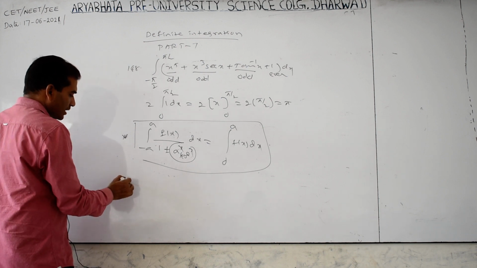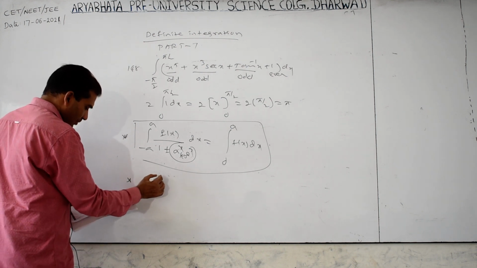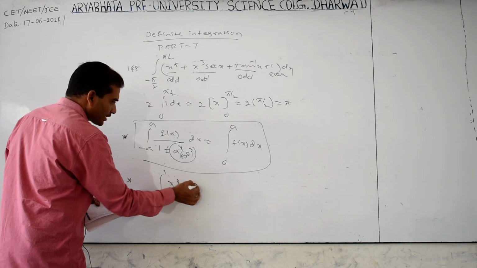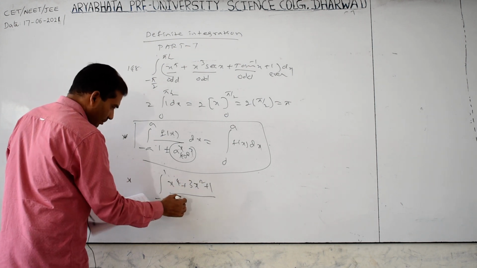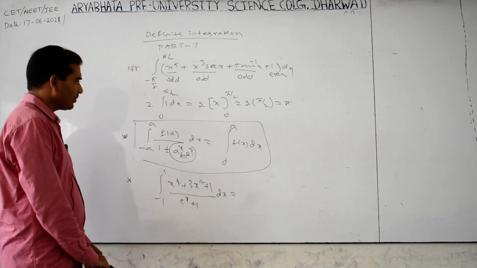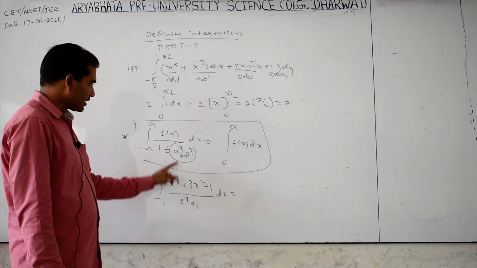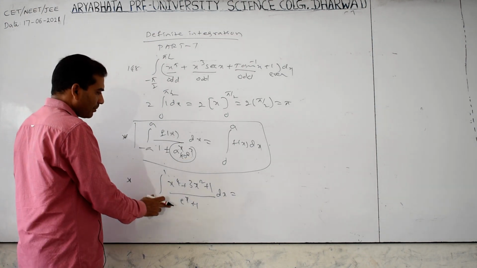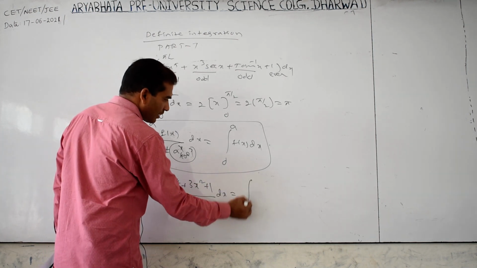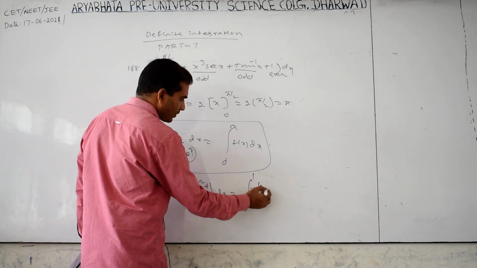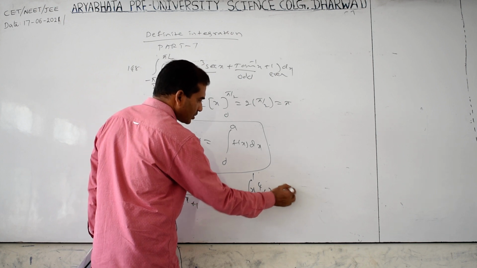Understood? One example is the integral from minus 1 to 1 of x power 4 plus 3x squared plus 1 by e power x plus 1 dx. See, this is 1 plus e raised to x. If it is this form, the answer is the integral from 0 to a, meaning 0 to 1, of f of x: x power 4 plus 3x squared plus 1 dx.